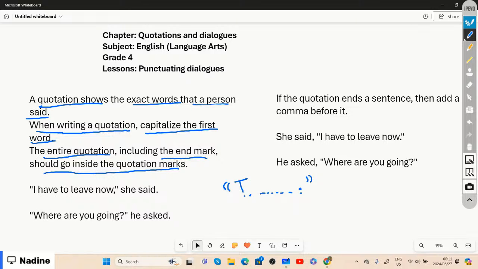As we can see, the start of what the person is saying starts with a capital letter, and then in this case it has a comma, because we're saying she said. But if you look at the next one, it says, "Where are you going?" And that is a question that is being asked. So it starts with a capital letter and it ends with a question mark. And all of that is within the quotation marks.